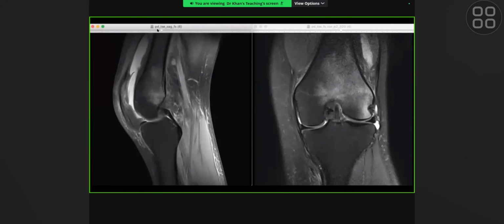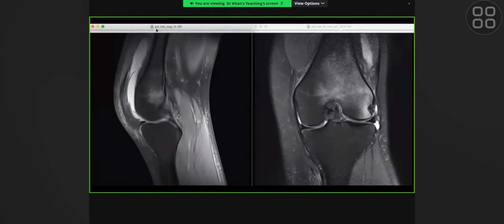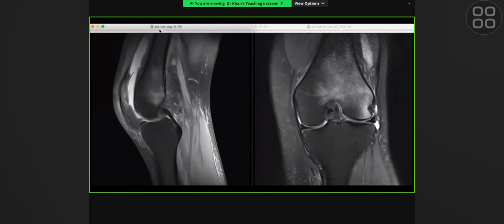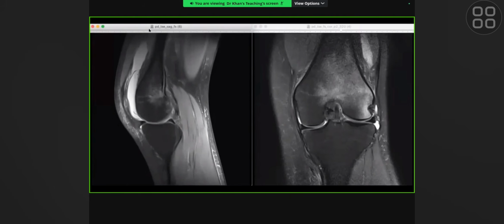Although at the femoral attachment, there appears to be discontinuity of the fibers there, but I'm just going to have another look at it. Yeah, so I'm concerned about the femoral attachment site of the PCL. Again, large joint effusion.